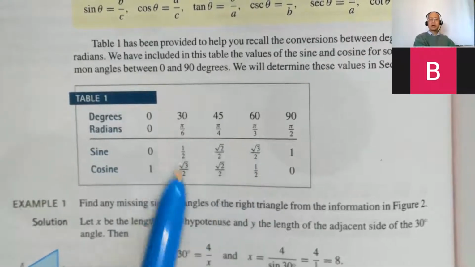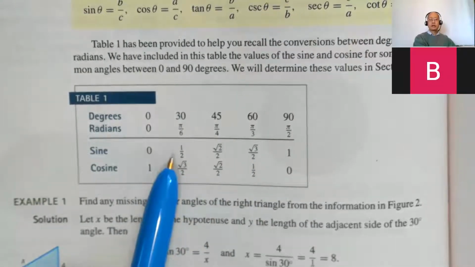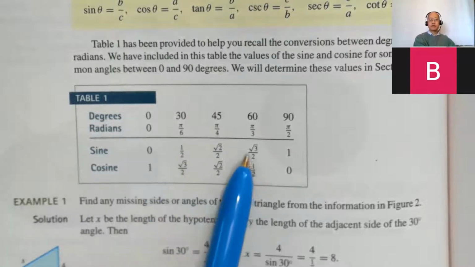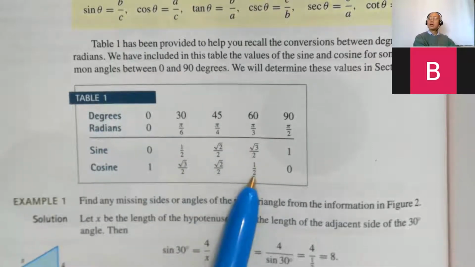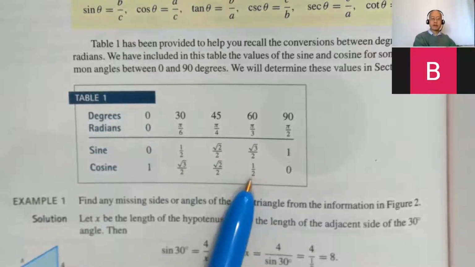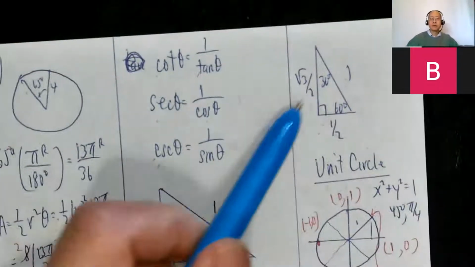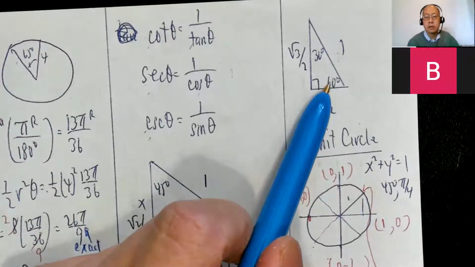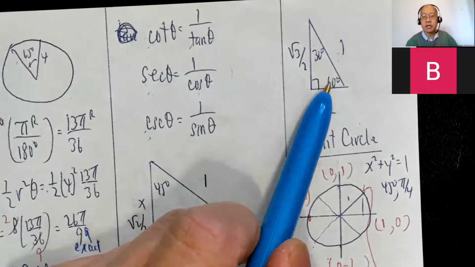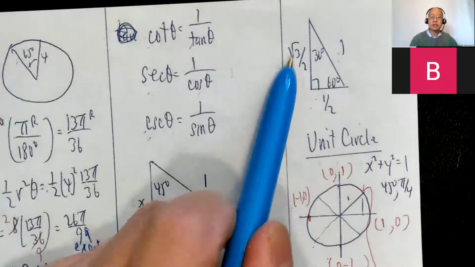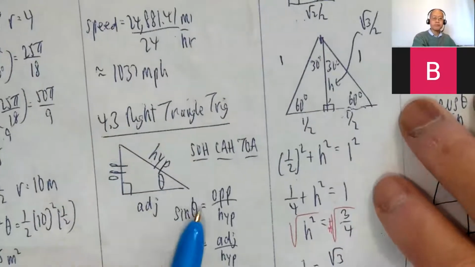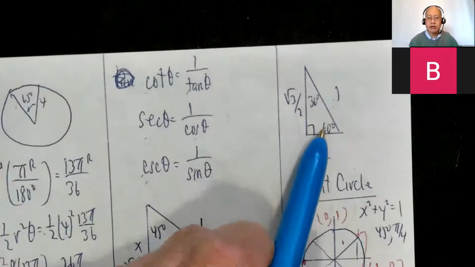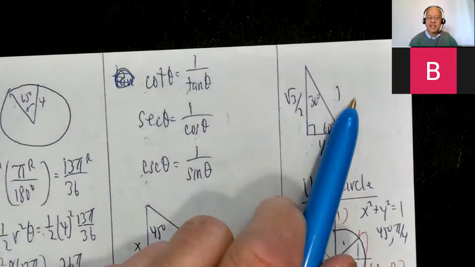Now, 60 degrees, looks like these two guys are just reversed. This is 1/2, radical 3/2. This is reversed, radical 3/2, 1/2. If you look at the right triangle, that actually makes perfect sense. Let's try that. Here's 60 degrees, right? Sine of 60 degrees. Opposite over hypotenuse. Sine, SOHCAHTOA, opposite over hypotenuse. So sine of 60 degrees, radical 3/2 divided by 1.